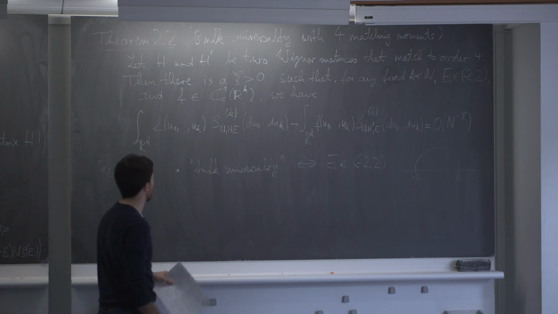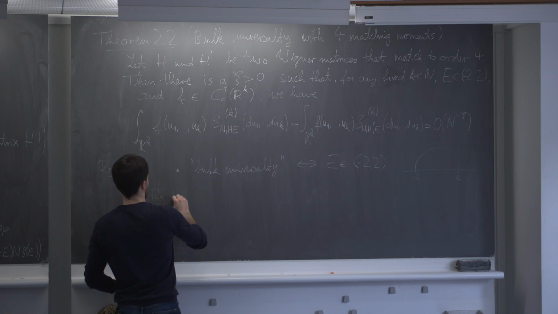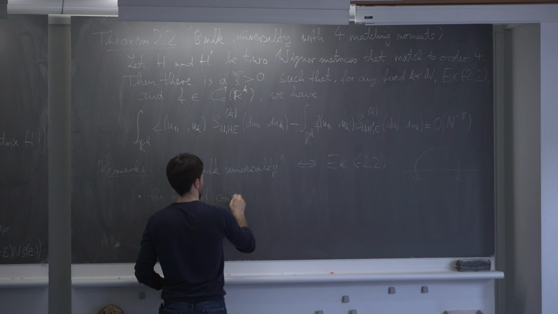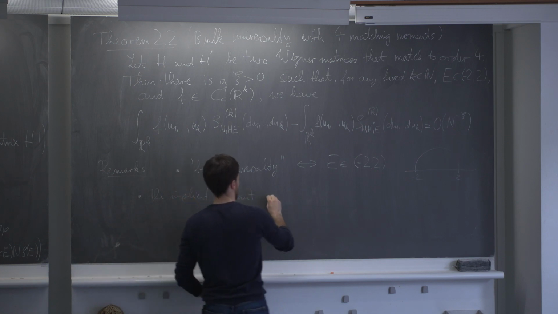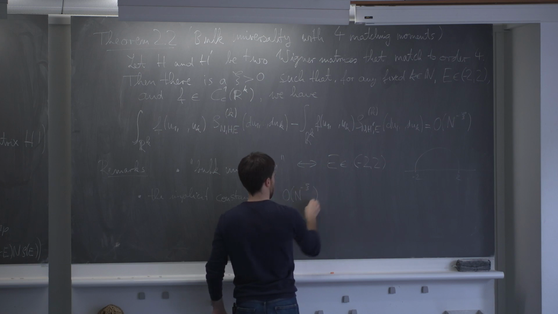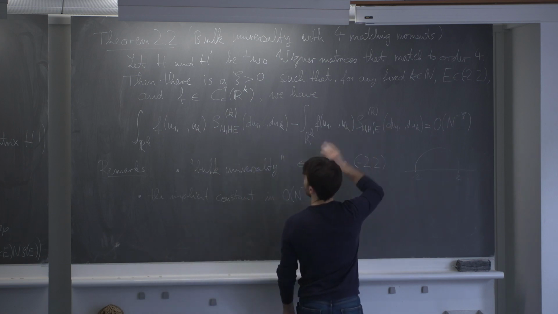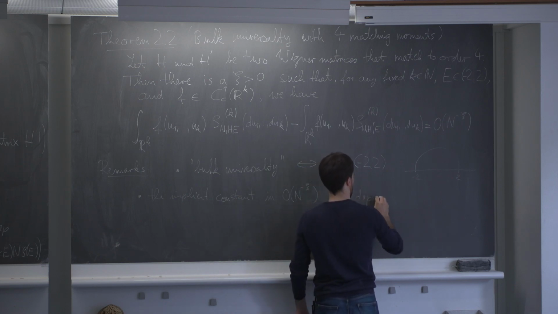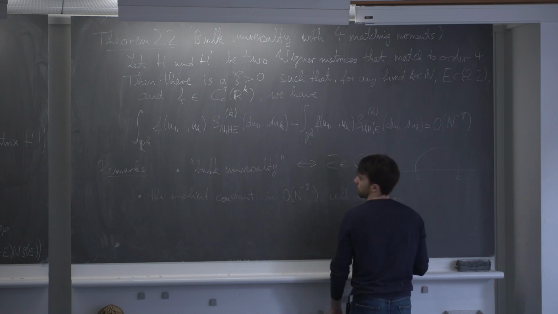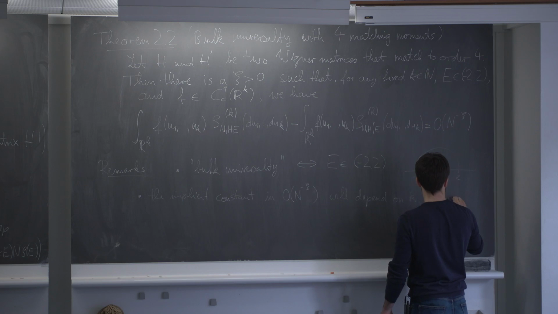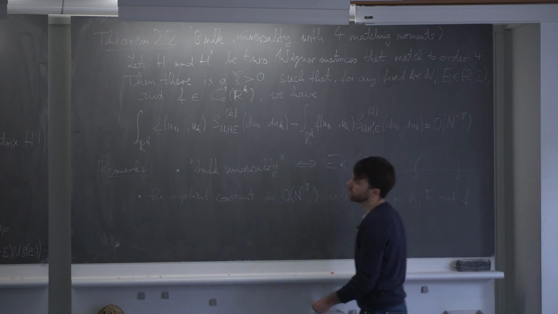And then the implicit constant in this O term here will depend on all these things that we fixed before. The implicit constant will depend on k, E, and f.